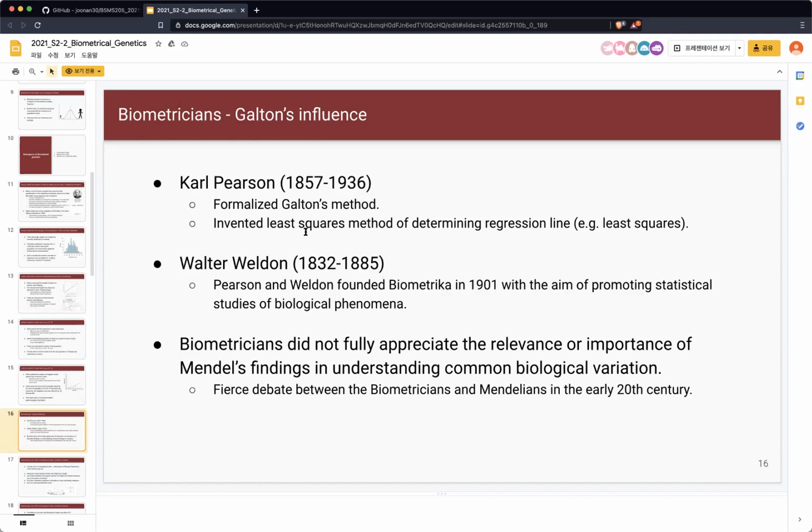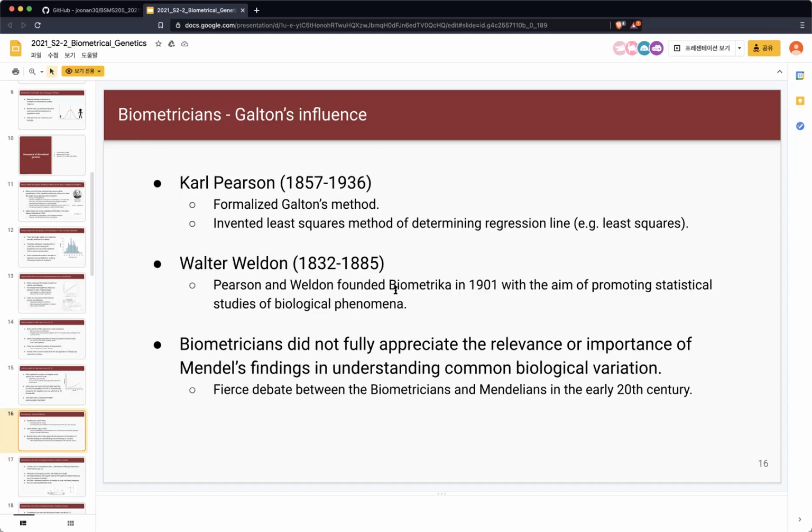What Karl Pearson did was invent the least squares method of determining the regression line. He used the concept of least squares to measure the deviation between the parent and child trait values, right? And that is the start of the regression idea in the statistical field. And also Walter Weldon founded the mathematical and statistical journal called Biometrika.